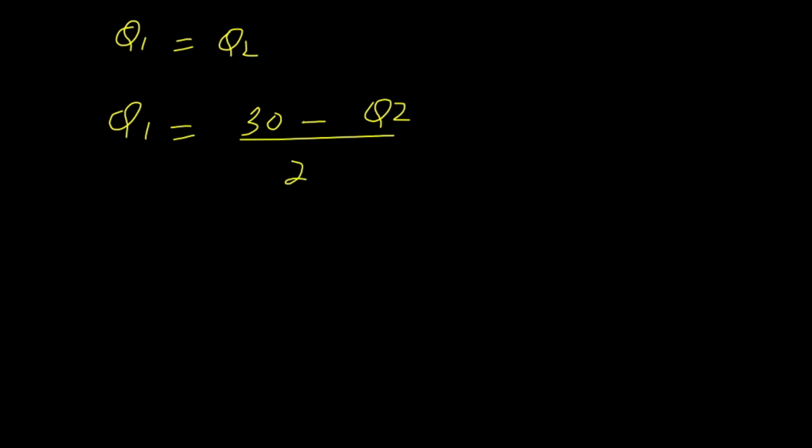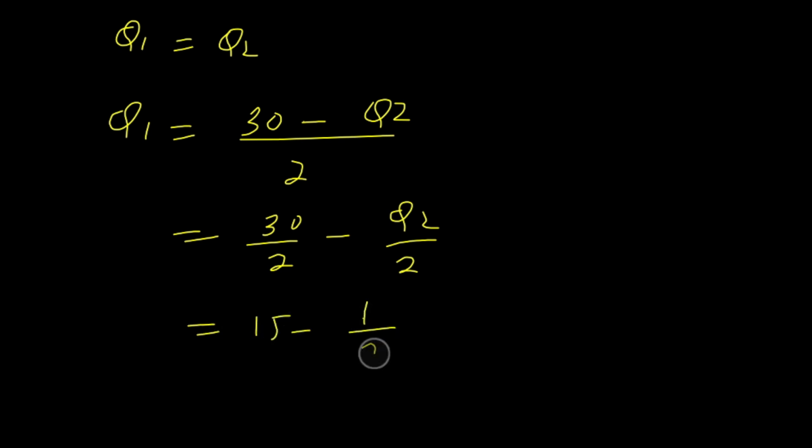Now to find the equilibrium quantity and price, what we have to do is we should keep Q1 equal to Q2. Quantity of firm 1 is equal to 30 minus Q2 divided by 2, which is also equal to 30 over 2 minus Q2 over 2, and we can write it as 15 minus 1 over 2 Q2.